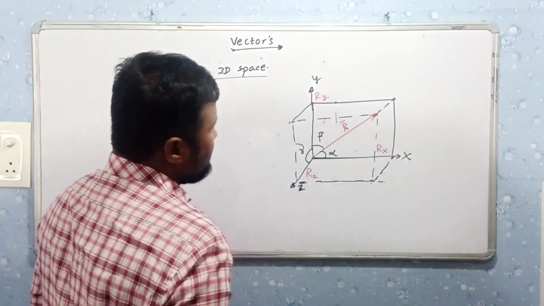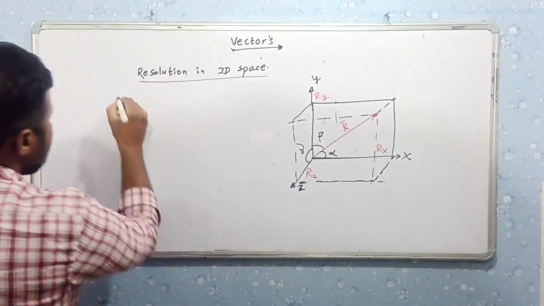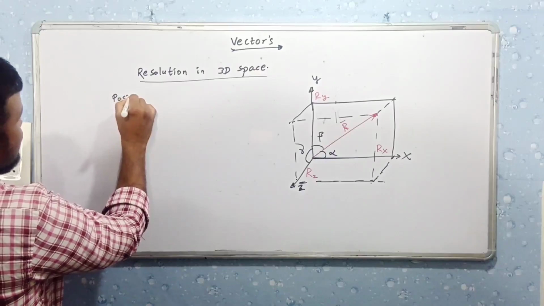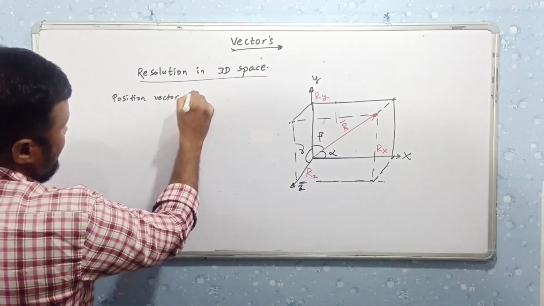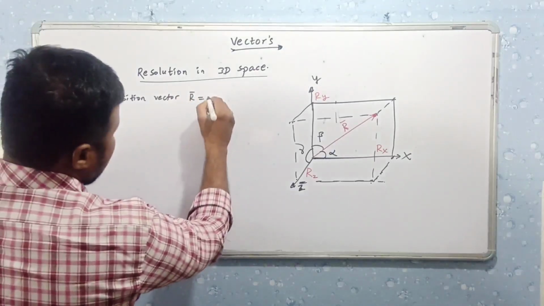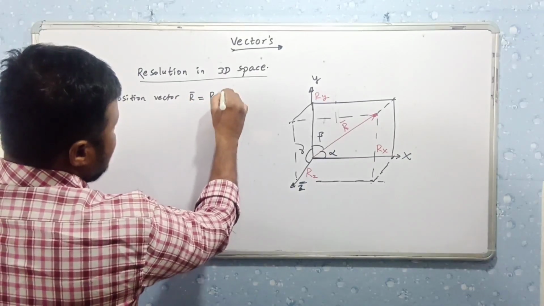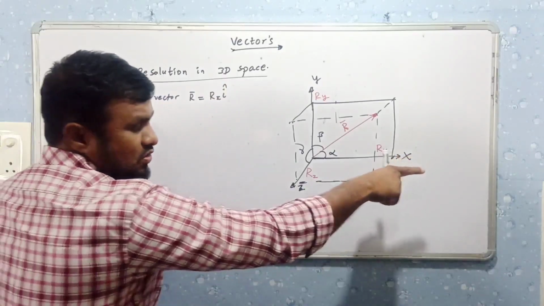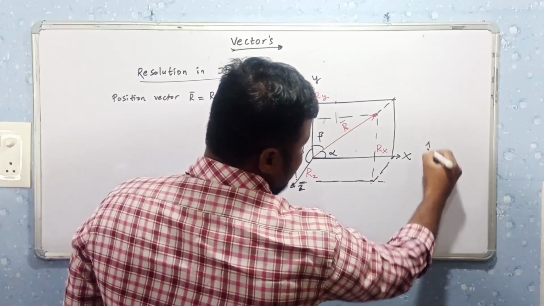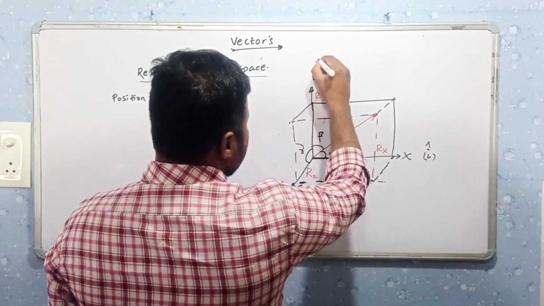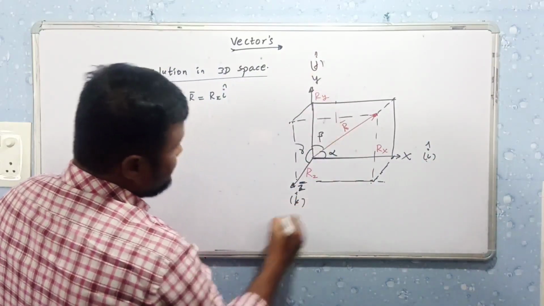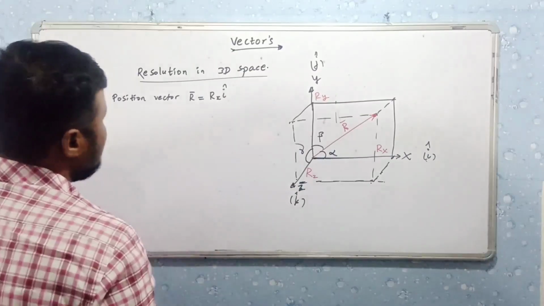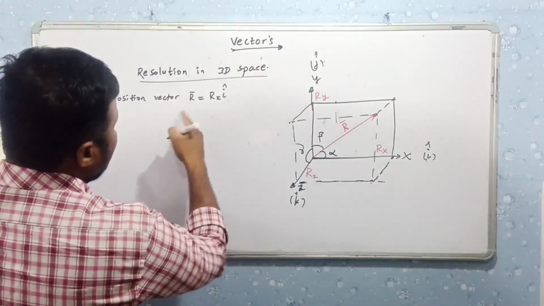For this scenario, position vector R bar can be represented as Rx i cap along the x-axis, where the unit direction is i cap, the y-axis unit direction is j cap, and the z-axis unit direction is k cap. These are the considerations or rules.